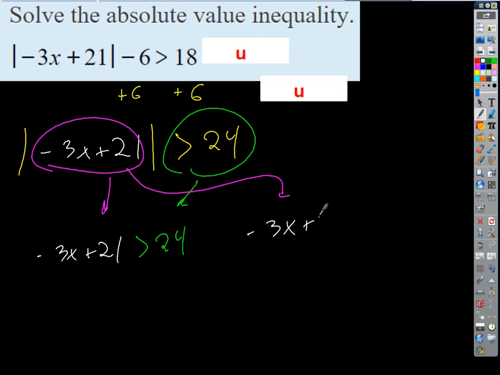Negative 3x plus 21 is less than negative 24. There you go. And those two things, that's an either-or proposition. It can't be both. It's one or the other. So it's either this statement or this statement, and I just solve them. Those are easy, though.